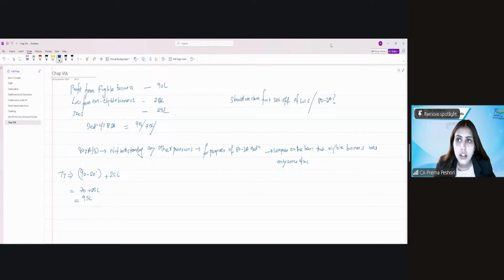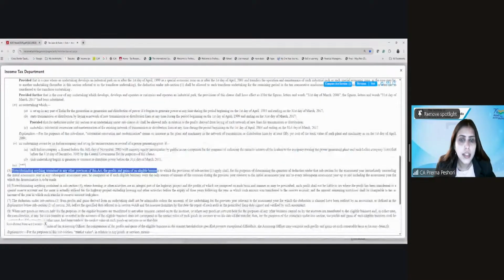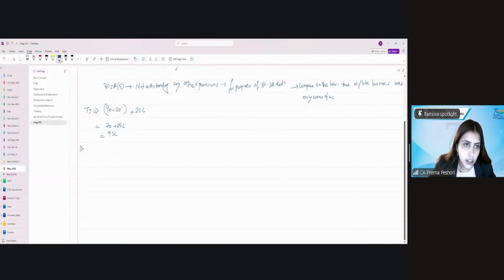Are we clear? So here, deduction under ATIA will be my entire 90 lakh. Are we clear, students?